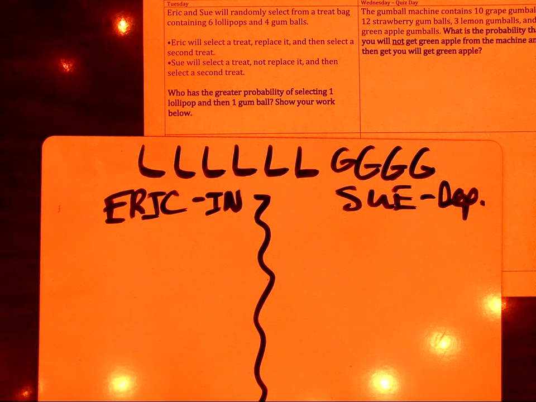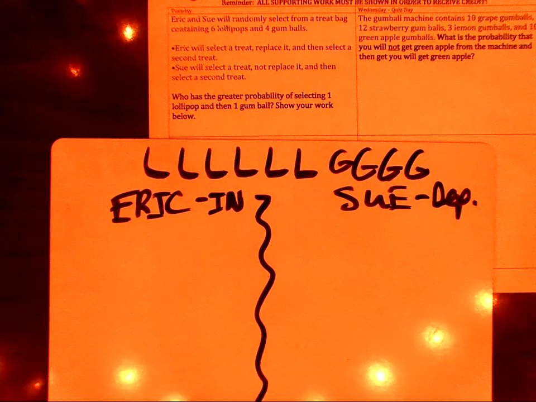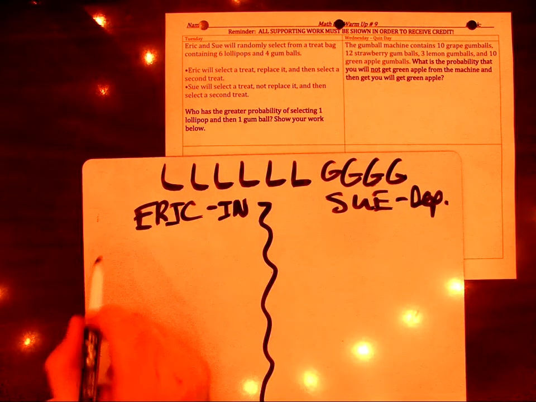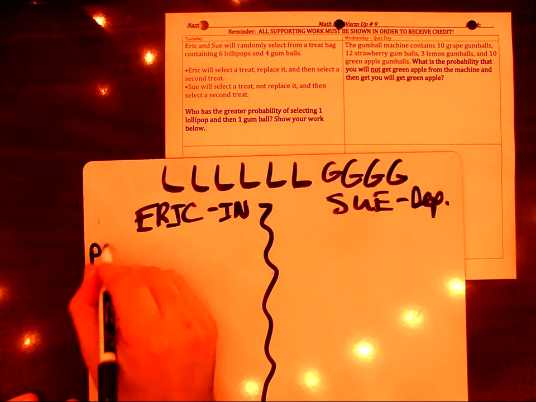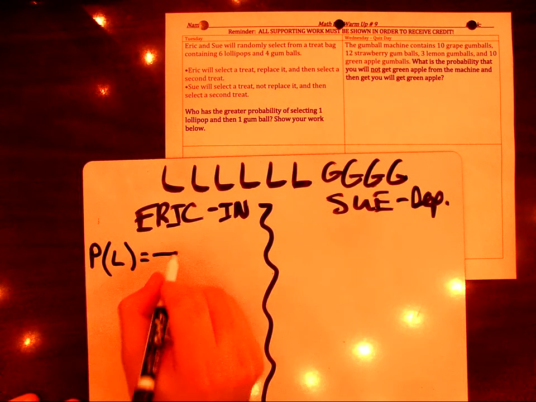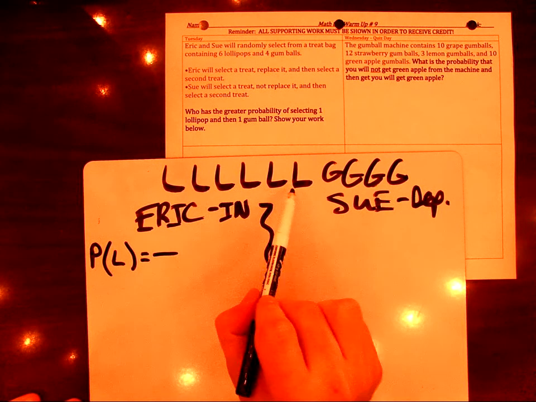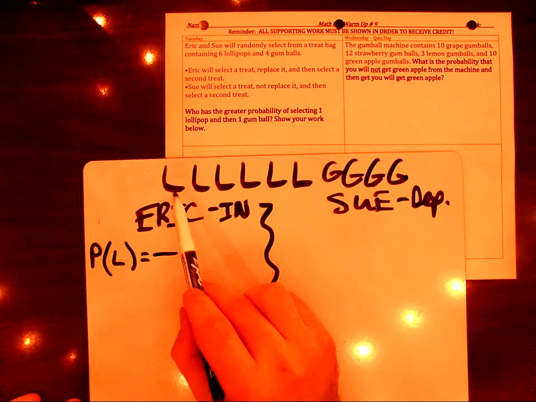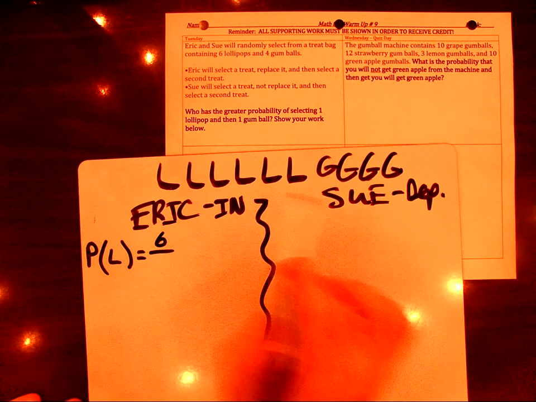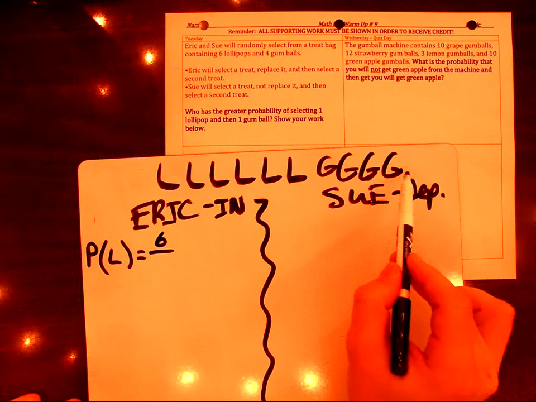When we're working with Eric's, we're trying to see the probability of picking a lollipop. It's always the count of the event. How many lollipops do we have? 1, 2, 3, 4, 5, 6 out of the 10 total items.